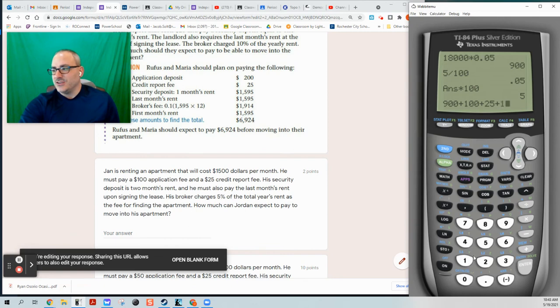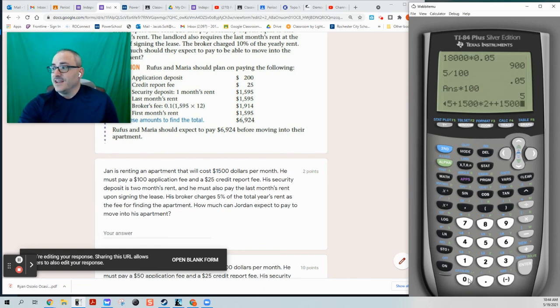There are 2 ways to do this. One month's rent is $1,500, and you could add that twice if you so desire. You could also take 1,500 and multiply it by 2 inside this expression, and it would do the same thing. The security deposit is 2 months' rent, and he also has to pay last month's rent, so plus another 1,500.